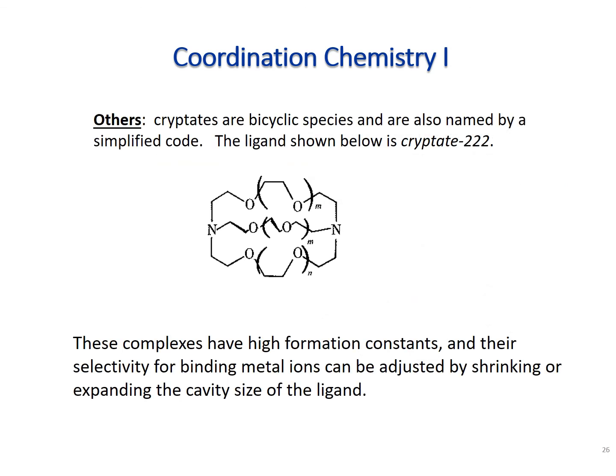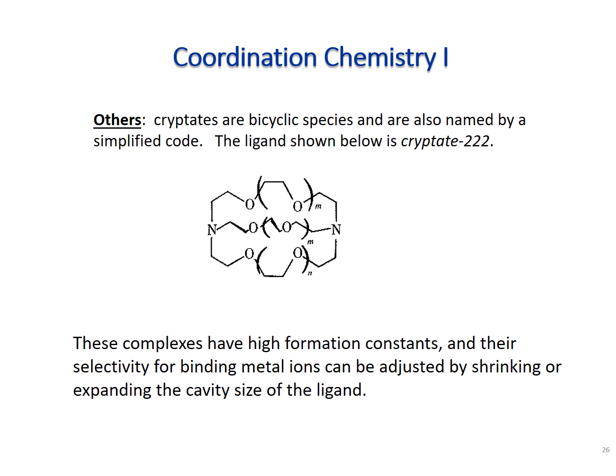So you have cryptates, bicyclics, sarcophaganates. There's all these interesting terms for different macrocycles or bicyclic species that can totally encompass a metal center, and they have different cavity sizes that you can vary based on the linkage between them, and it can give you some really interesting chemistry in the sense that it can have high selectivity for particular metals, for example, based on size and charge.